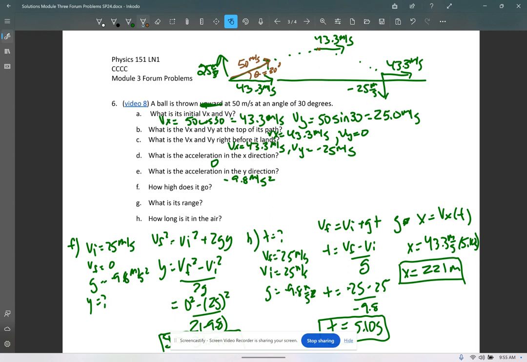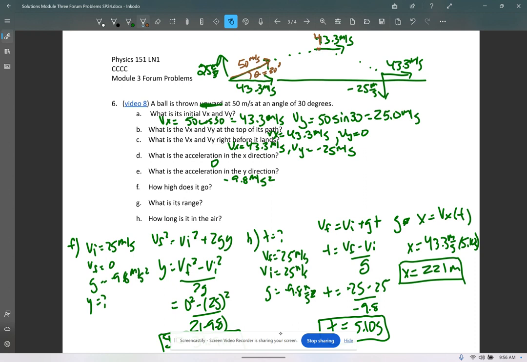It goes to zero at the top, but the 43 stays the same because there's no force or acceleration in the x direction. So at the top, it has an x velocity of 43.3 meters per second and a y velocity of zero. And at the bottom, it's still moving forward with Vx equal to 43.3 meters per second.